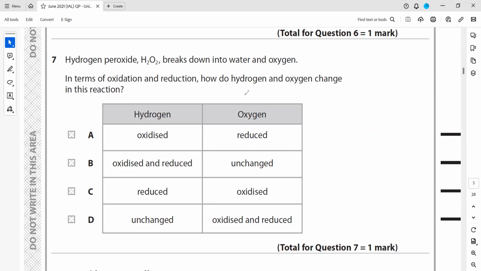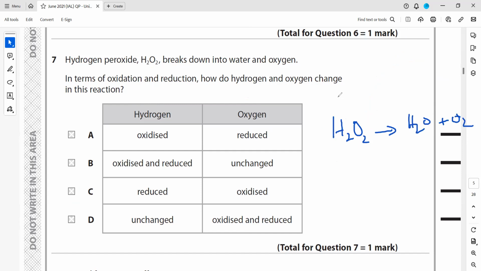The products they mentioned are water and oxygen. Look here, this is hydrogen peroxide. The hydrogen peroxide decomposed into water and oxygen, that they mentioned.